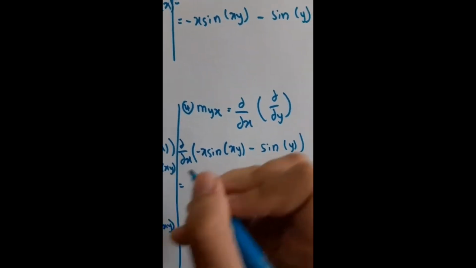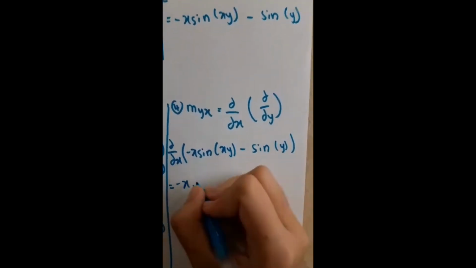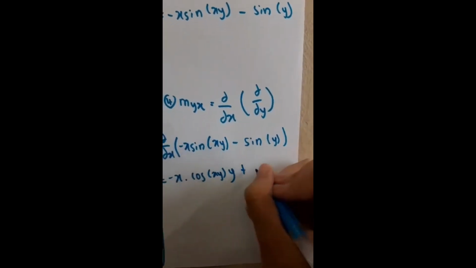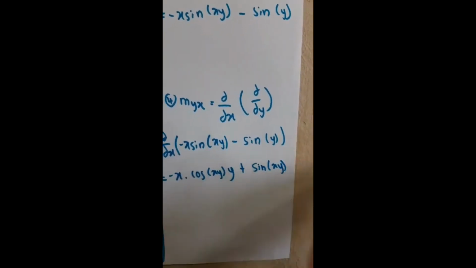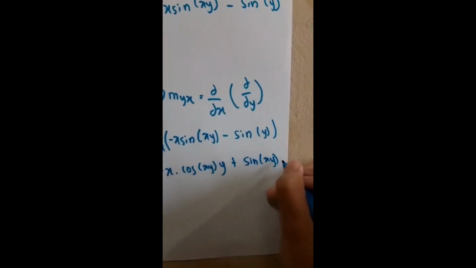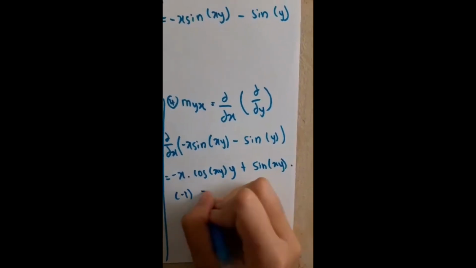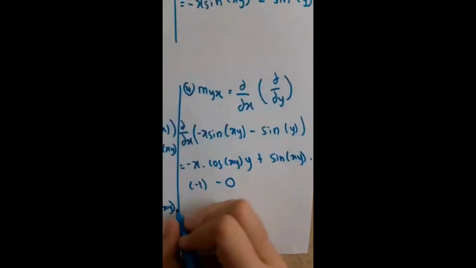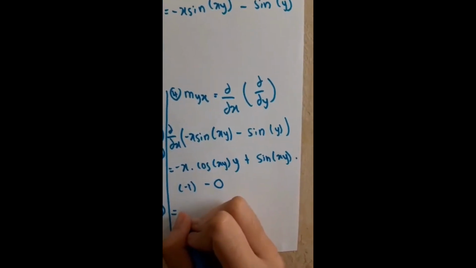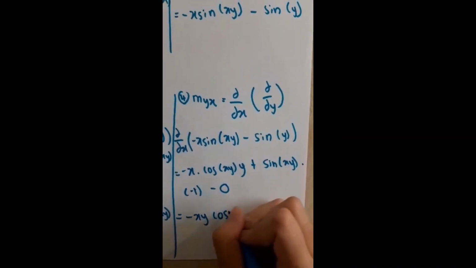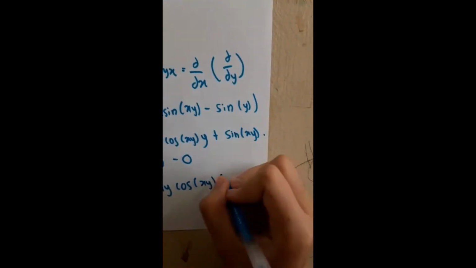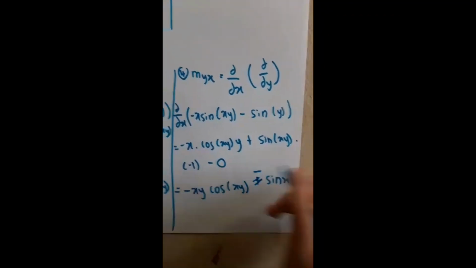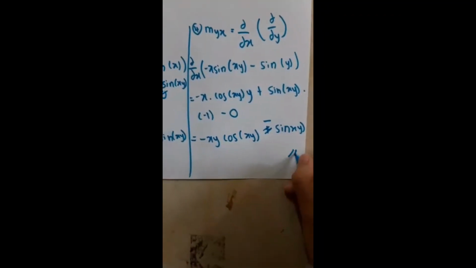We differentiate it, we get negative x cos xy times y, plus sine xy times negative 1, minus 0, the same concept because there is no x attached here. So we get the final answer, negative xy cos xy plus sine xy. I'm sorry, my mistake, it is negative sine xy, minus sine y. Okay, so this is the final answer.